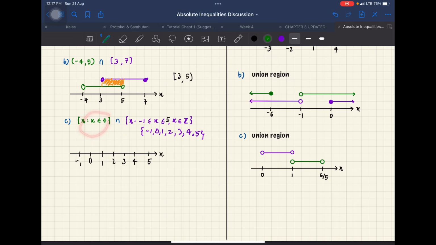So the green one, X is less than or equal to 4. So it goes to the left, and the last number is 4.